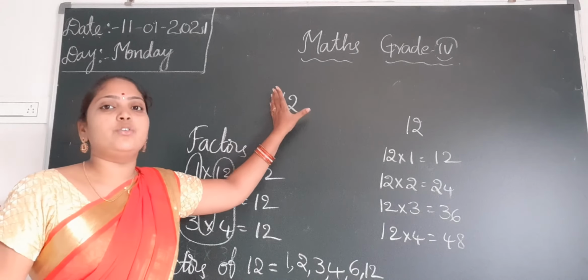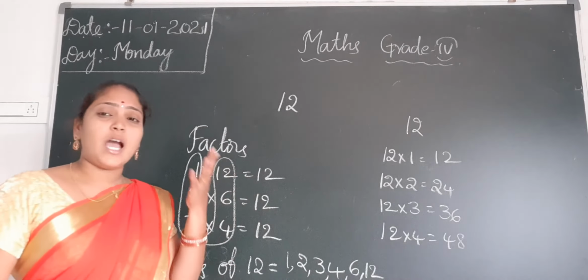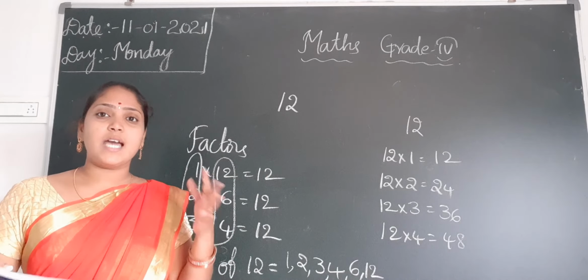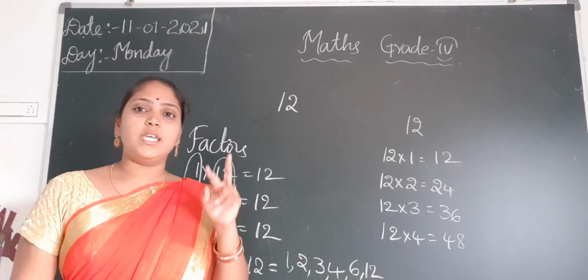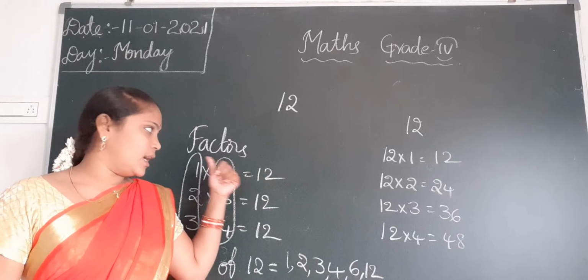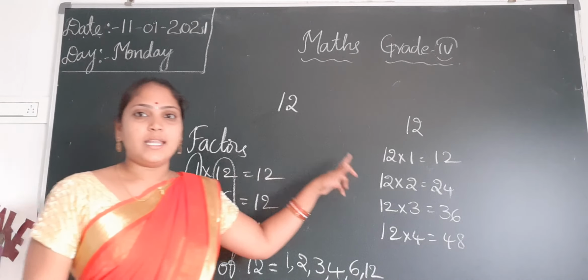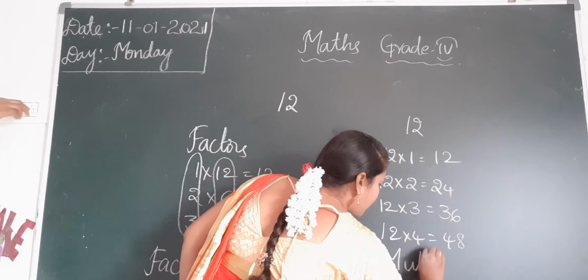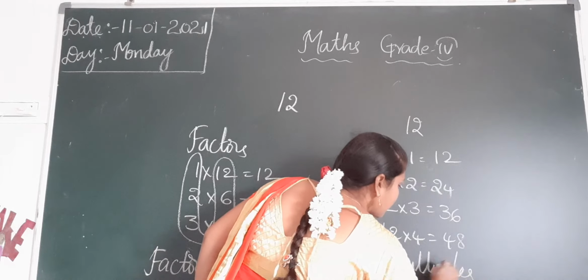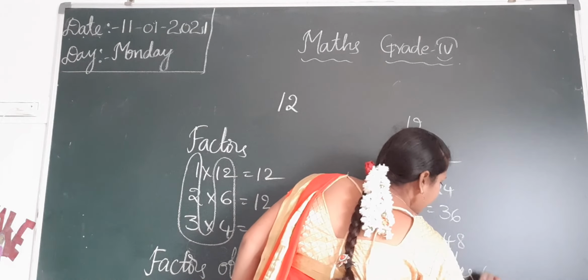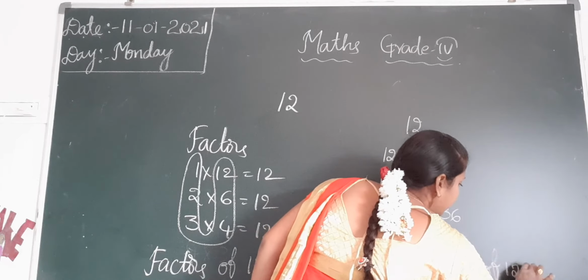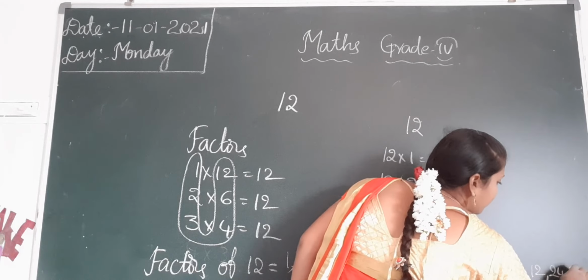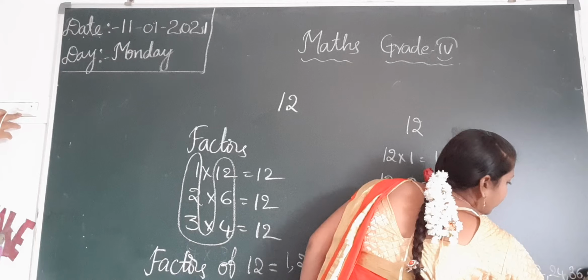First take any 2-digit number, as you wish, 15 or 17 or 25 or 28. Think of any 2-digit number and write factors, and then write multiples. Multiples of 12: 12, 24, 36, 48, like that.